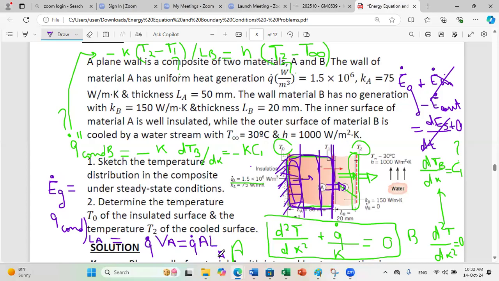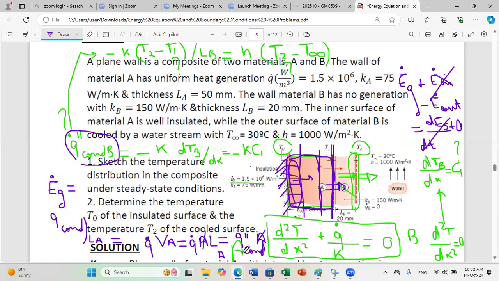Okay, now this is equal to what? To the conduction rate. How do we write the conduction rate? It's the conduction flux times the area. So it's equal to Q second conduction times area. The area now will cancel out.